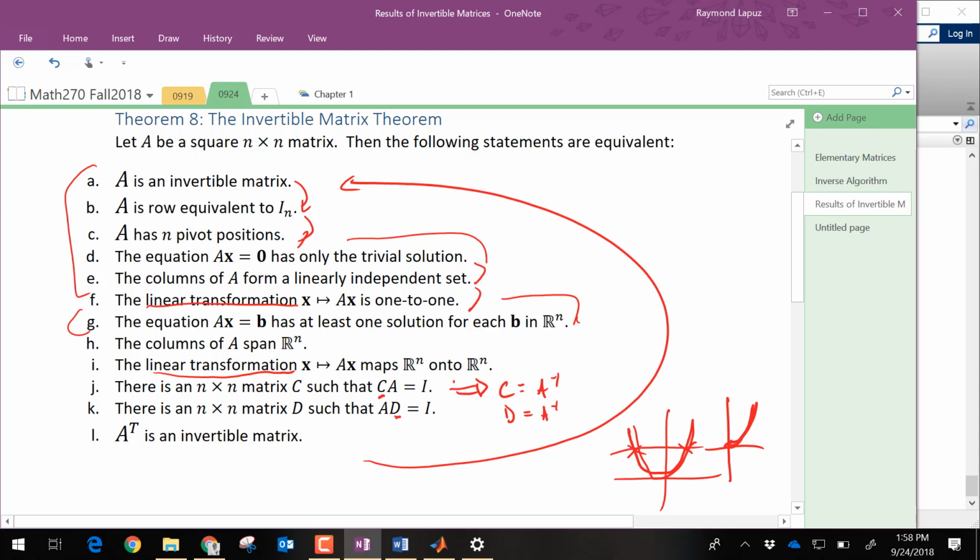But if you cut it in half, now it passes the horizontal line test. Now you can find the inverse of that. And the inverse of the parabola is a square root function. And if we restrict our domain and range to just the positive real numbers in x and positive real numbers in y, then you can say it's one-to-one and onto.